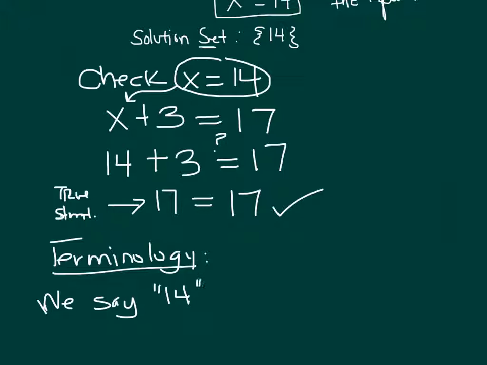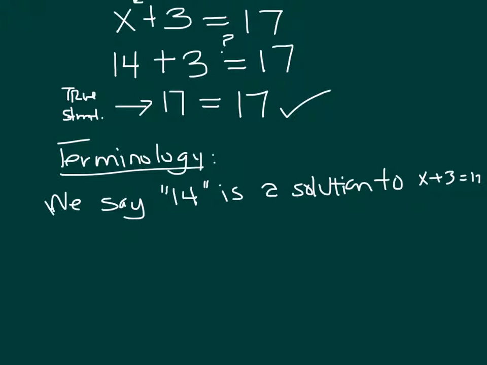We say 14 is a solution to our equation, in this case, a solution to x plus 3 equals 17. Another way of saying that is 14 satisfies the equation x plus 3 equals 17.